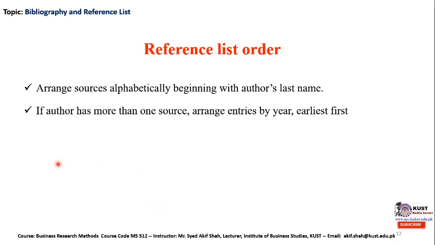The formula or mechanism is that whichever source was published earlier comes first. Like if Mr. David published a research article in 1991 and later a book in 1995, you mention the 1991 research paper first and then the reference of the same author's book.